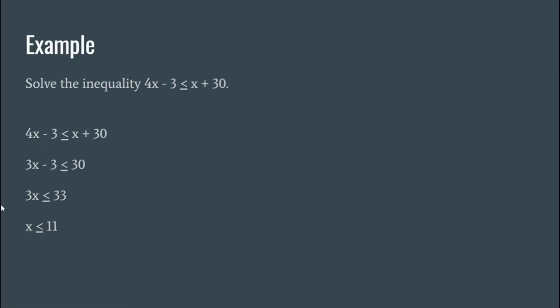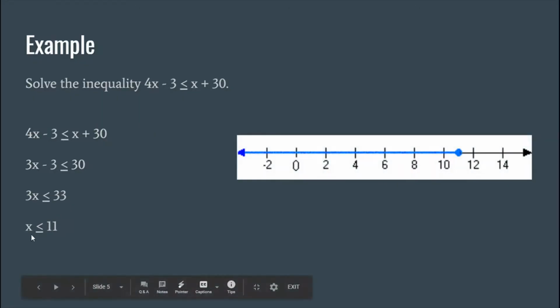Again, if you have it in this order, the inequality symbol will tell you what direction your graph should be going in. Since we have x is less than or equal to 11, the equal to is the important part here. So at 11, we're going to have a closed circle. And since this arrow is pointing to the left, the graph should be going to the left also. Pretty simple, I hope.